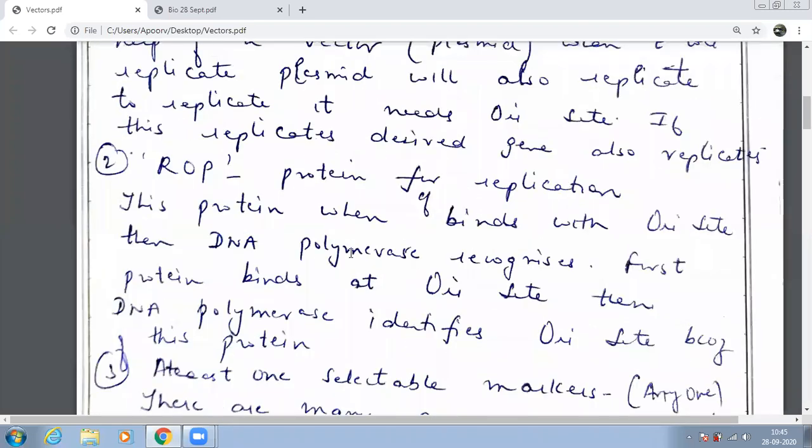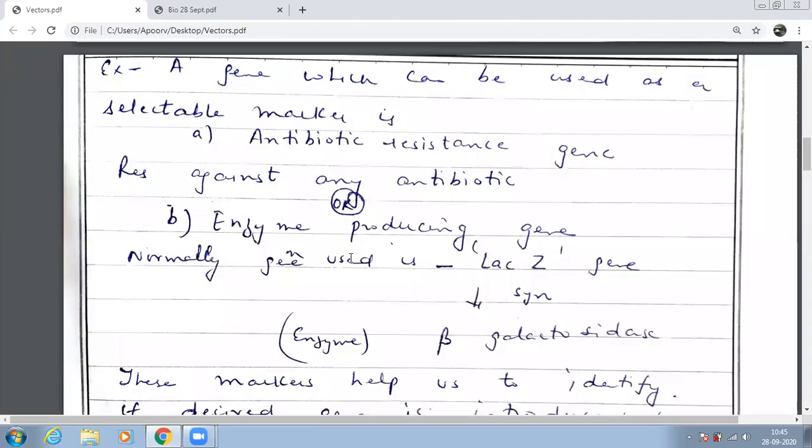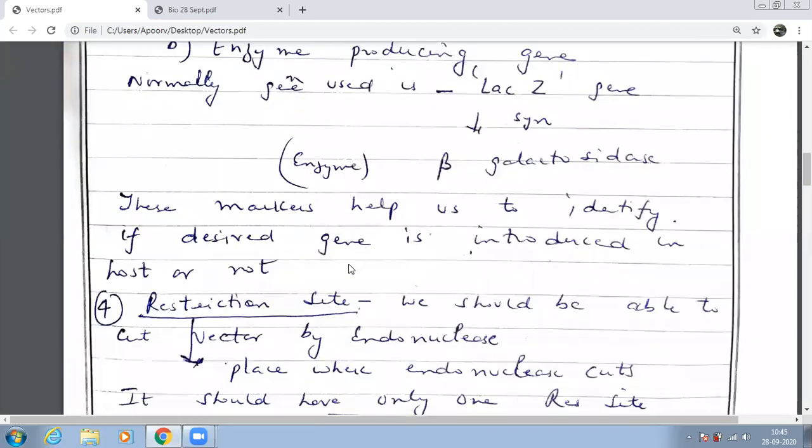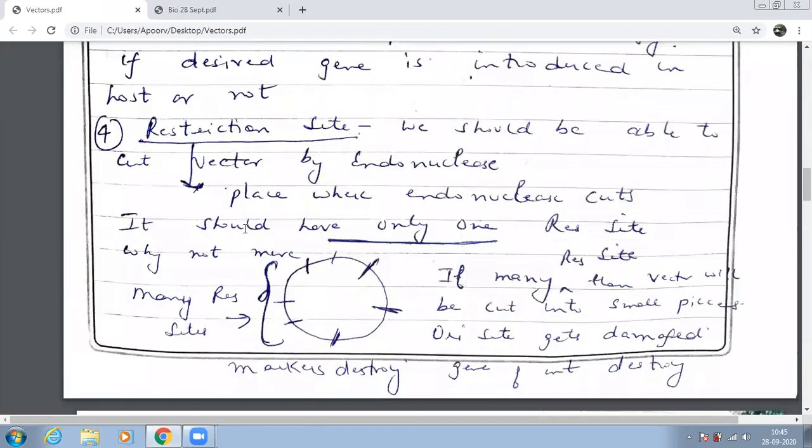What is the problem? Ma'am, ori sites may get damaged. Yes, beta. Your ori site may get damaged, your markers may get destroyed, your gene of interest may get destroyed. So we should have only 1 restriction site. This is what I had told you.